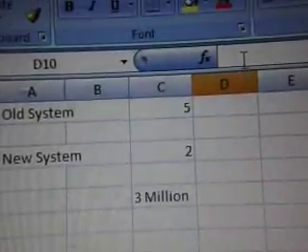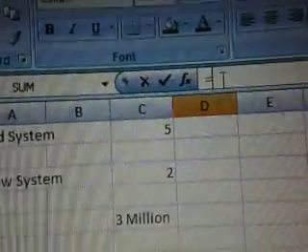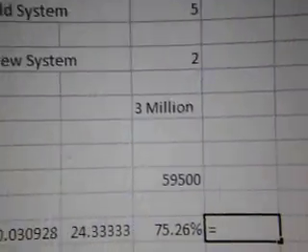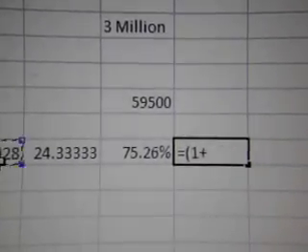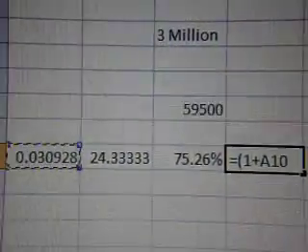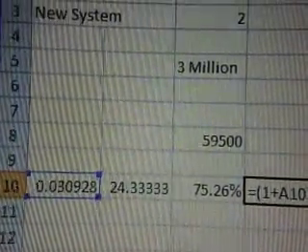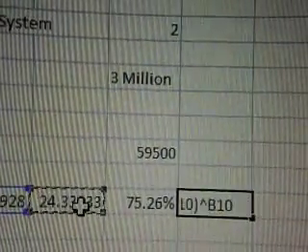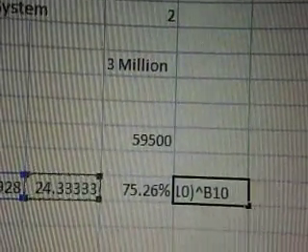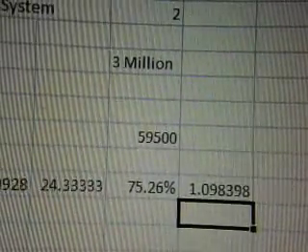So in this example here, I want to start with the first one, that is 1 plus the first part that we have already done, raise it to the power of the second part minus 1, and that is your effective rate.